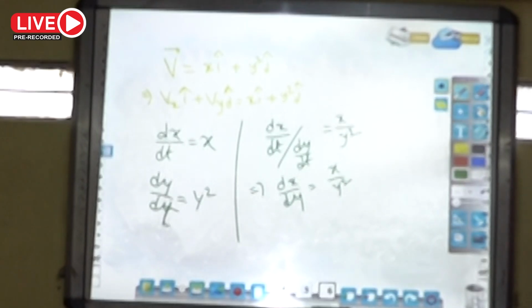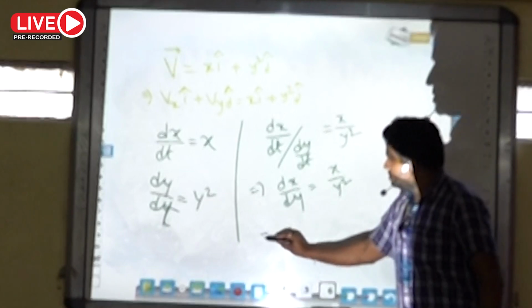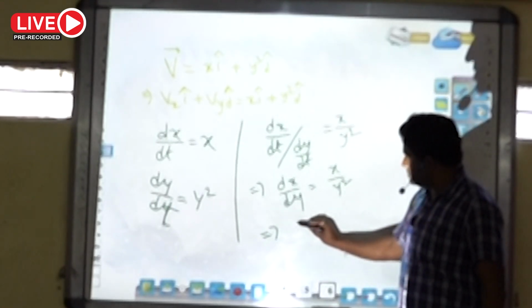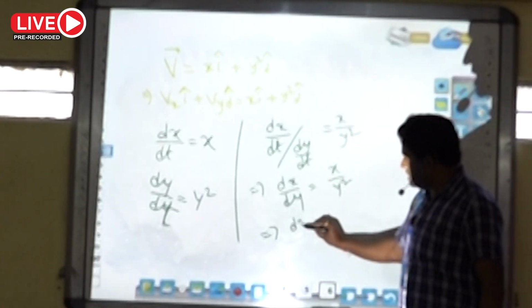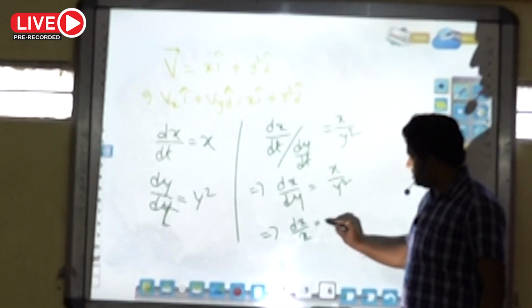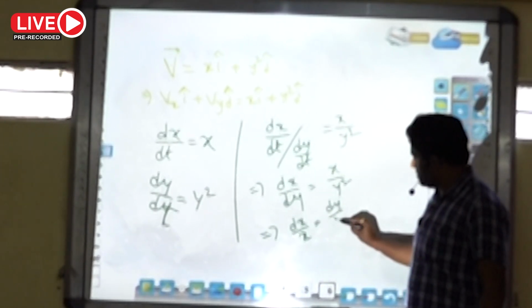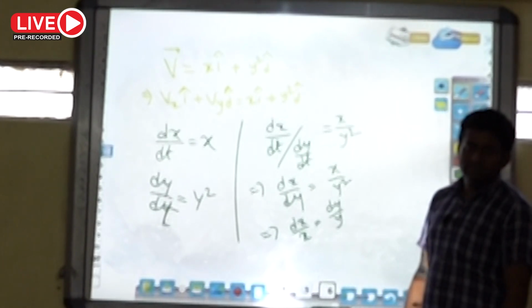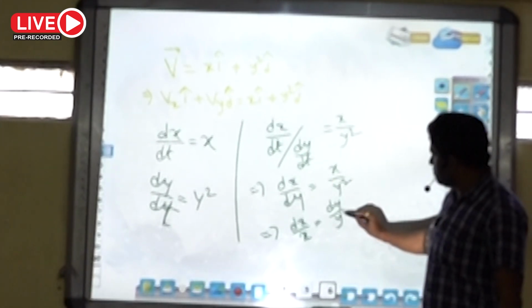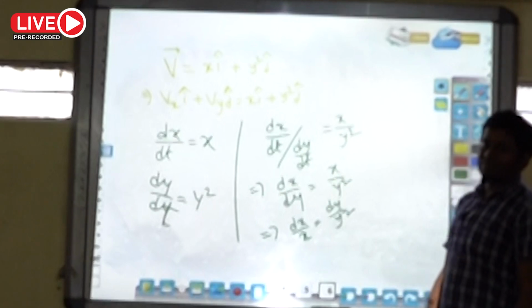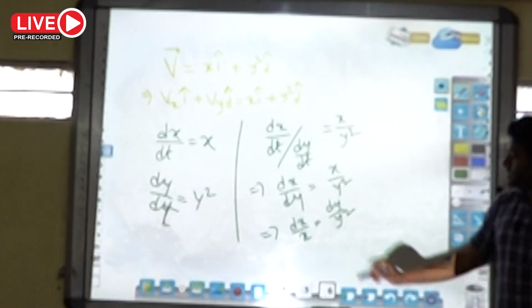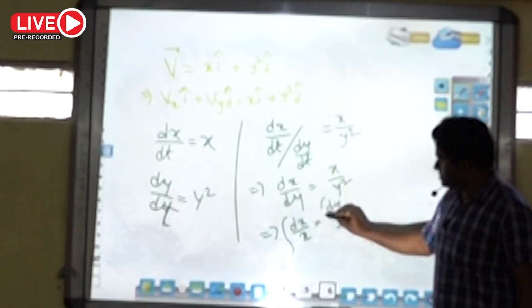See, time is eliminated. Okay, now you can write it is dx by x equal to dy by y square, and then simply integrate.